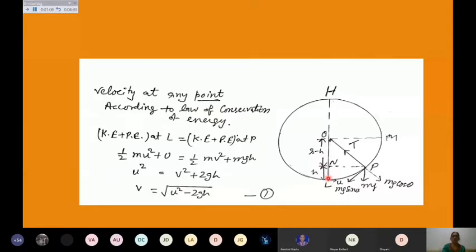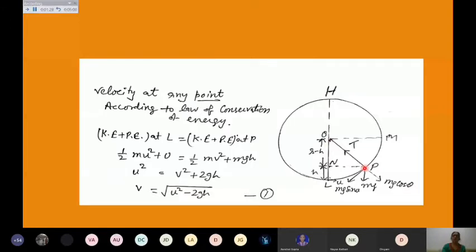So the length of the string equals the radius of the circle. You are supposed to write all these suppositions whenever the question comes to you. Small m is the mass of the stone, and R is the length of the string with which the stone is tied.